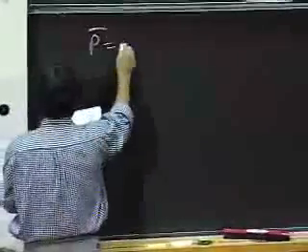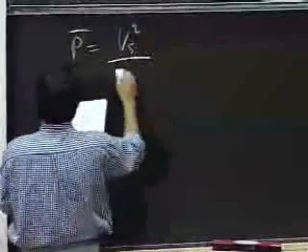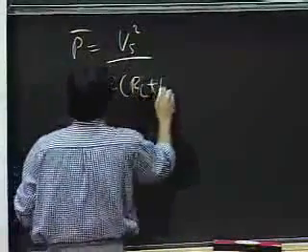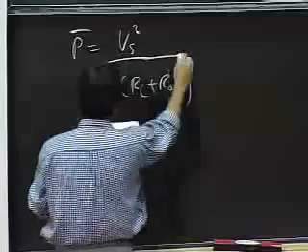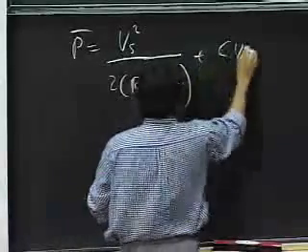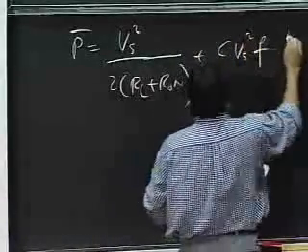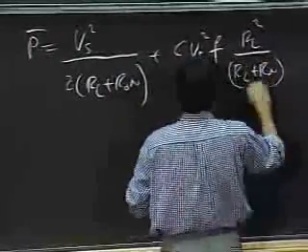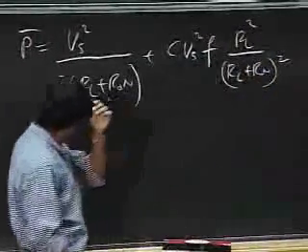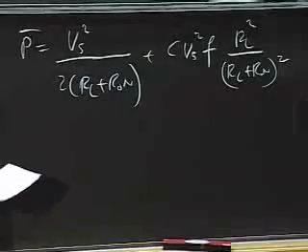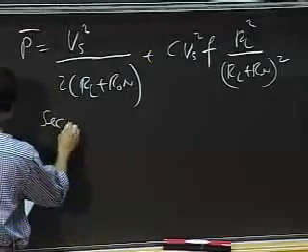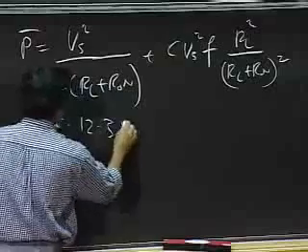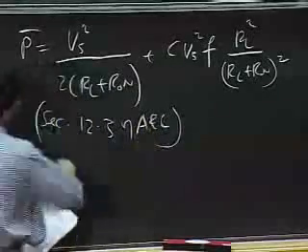Suffice it to say that you can show that the average power is given by Vs squared over RL plus R-on, plus C Vs squared F times RL squared over the same quantity. For details, I suggest that you look at section 12.3 of the course notes.